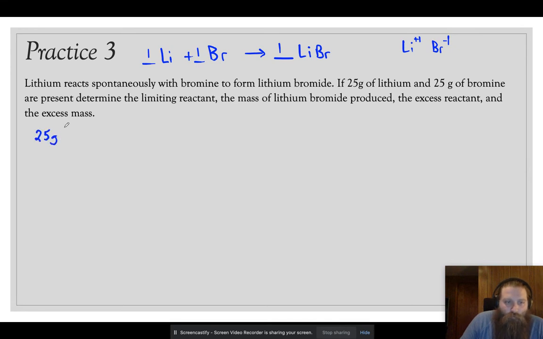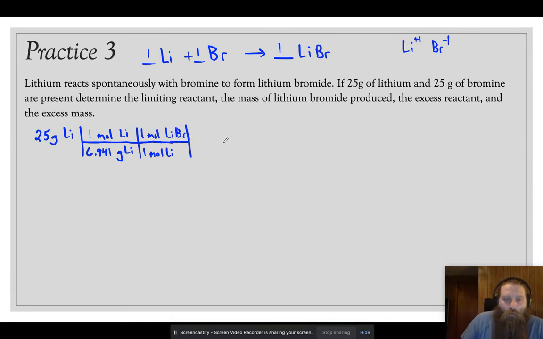So we have 25 grams of lithium, and this would be a 3-bracket conversion because we're going grams to grams. So grams of lithium per mole. So there's my periodic table bracket, my molar mass bracket. We know it's a 1-to-1 ratio of lithium to lithium bromide.